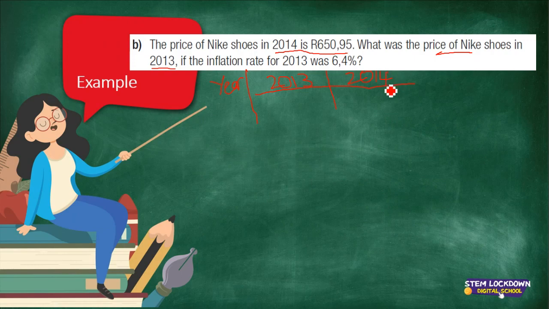Now I'm told that the amount of these Nike shoes in 2014 is 650.95. This is just to simplify my life. Tables work best. So I need to know the amount. What was the amount?